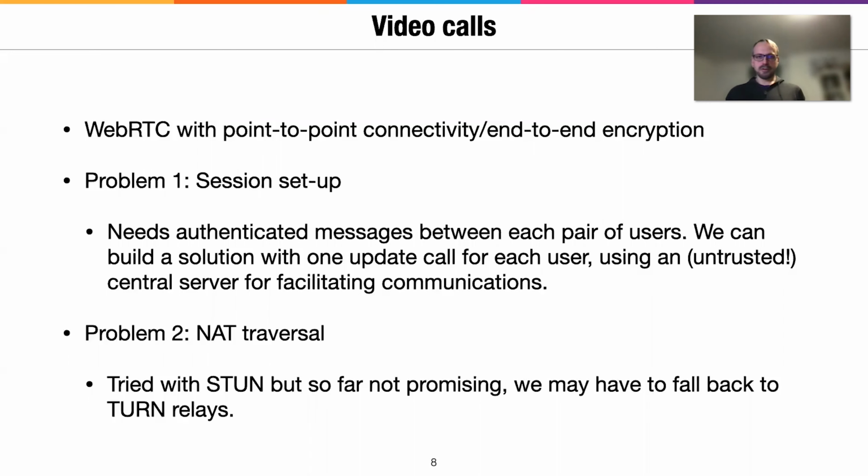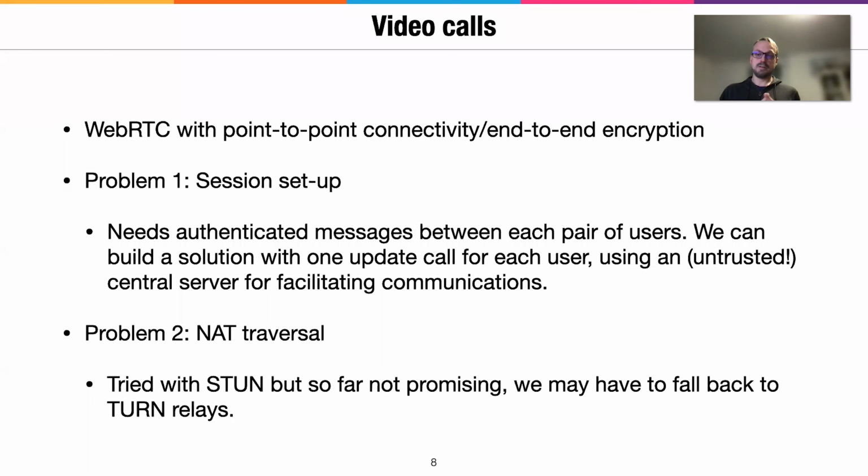For the video calls, there are two things I want to point out. The communication between the phones is not always as direct as I made it look on my previous slide. WebRTC is point-to-point in the security sense, in that there is an end-to-end encrypted connection between the phones.